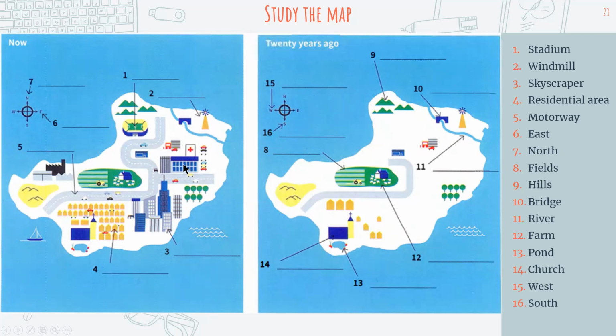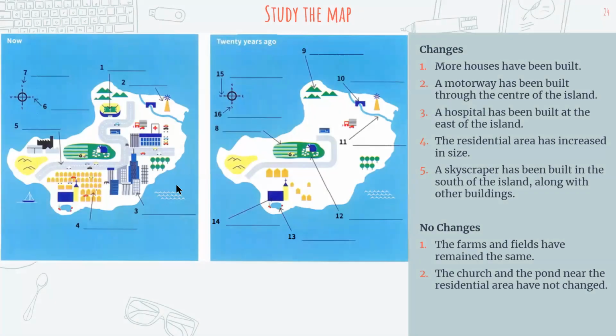What changed? Let's do that. The changes. Let's talk about the changes first. Between the past and now. As you can see now, we have more houses. More houses have been built. I'm using the present perfect simple, but in the passive voice, because I don't really care who built the houses.